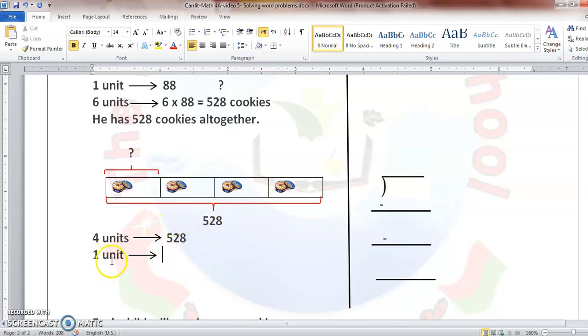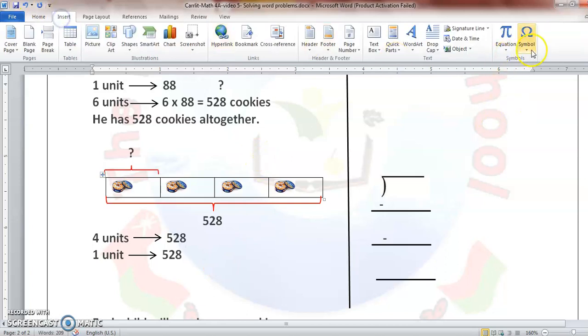And each child will receive how many cookies? So we're going to put here 528 divided by 4 equals. Okay, so we are going to plot it here. 528 divided by 4.